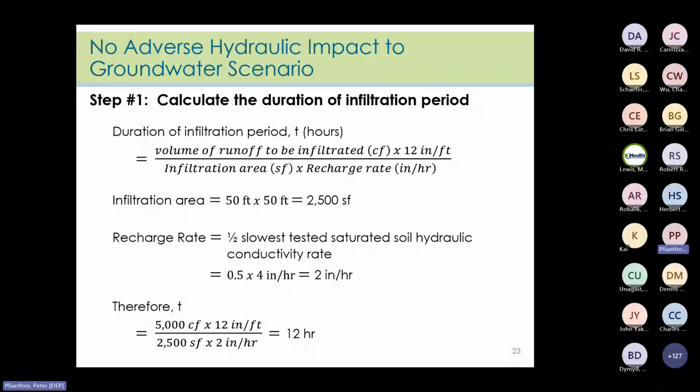All right, so let's start with some basic calculations. Typically, the soil testing provides results in inches per hour, so the value for T would also use hours as the unit of measure. For the duration of infiltration period, we'll divide the volume of runoff to be infiltrated by the product of the infiltration area and the recharge rate.